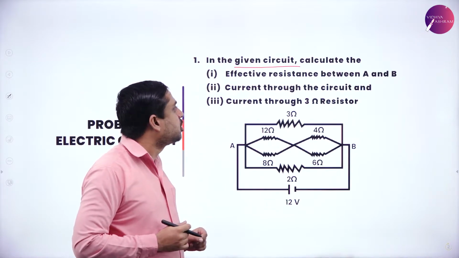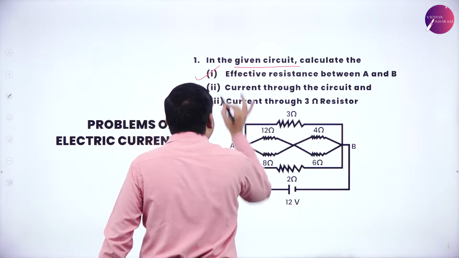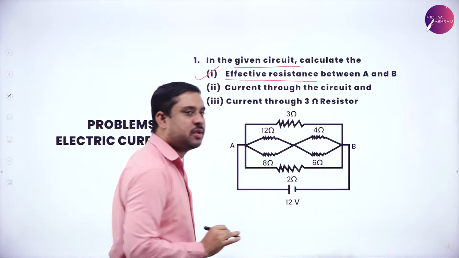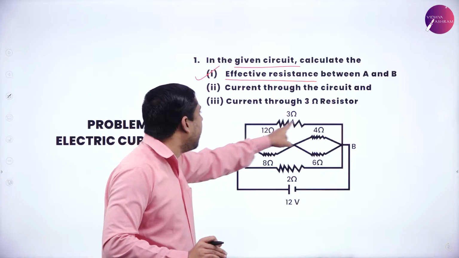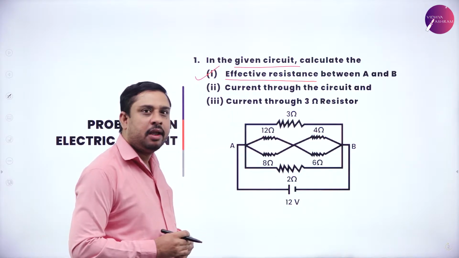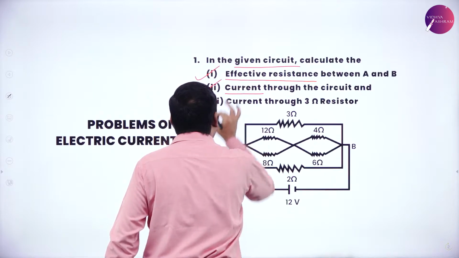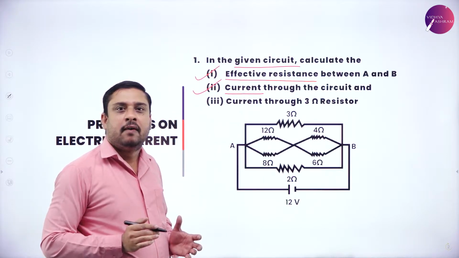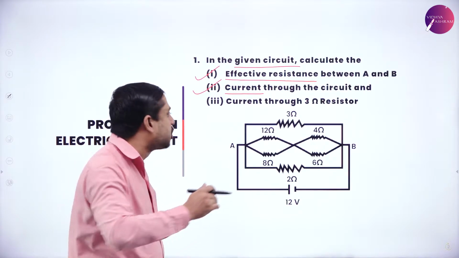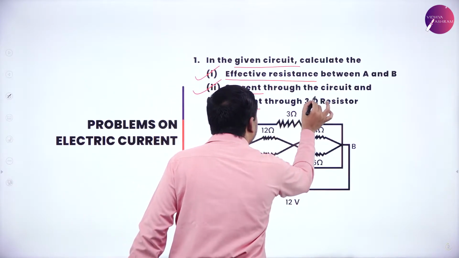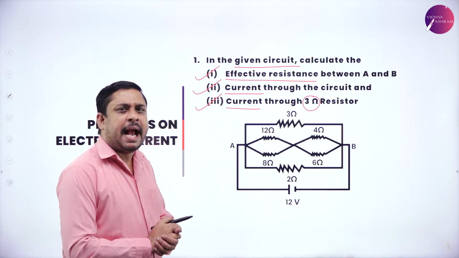In the given circuit, I have to calculate the effective resistance between the points A and B. I have to calculate the current flowing through this circuit, which we call the main current, and I have to calculate the current through the 3 ohm resistor. An interesting problem.